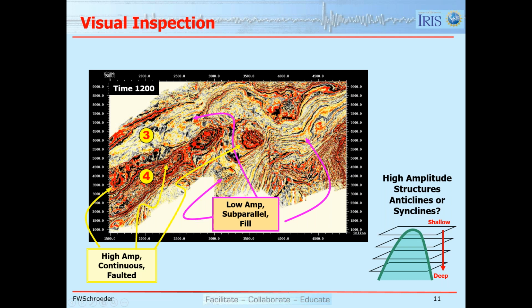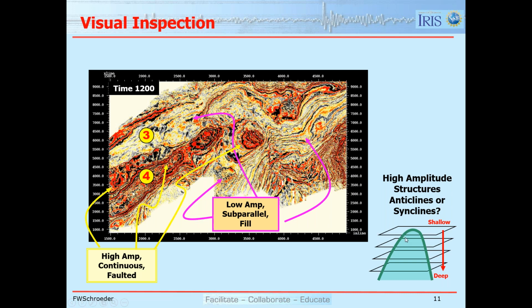So I can look at this time slice and start to see where some of those major packages are. It turns out that this oblong cigar-shaped feature is the Barracuda anticline. There's another anticline here. There's another anticline over here.